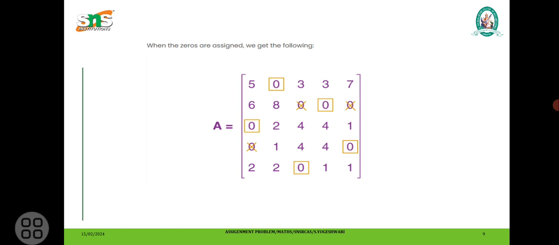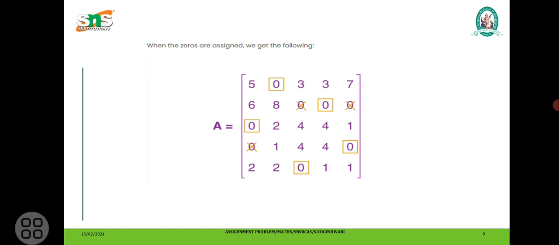Next we go to column allocation. The first column already has an assigned zero, so leave it now. Cross out the remaining zero. The second column has only one zero, already allocated.